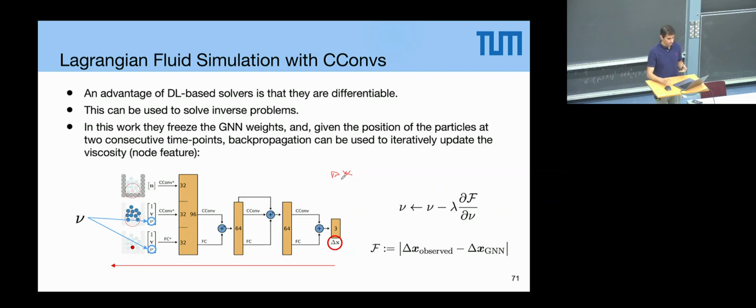Now we can evaluate our network. The network was trained before, now we fix the weights, and we evaluate the network with a random viscosity value because we don't know the value.